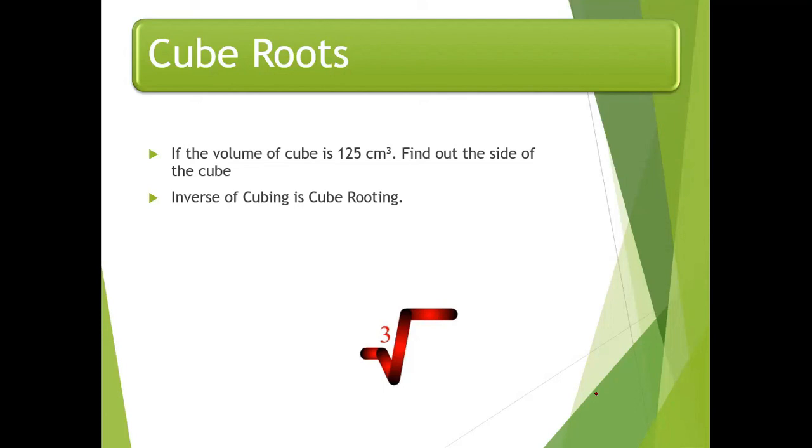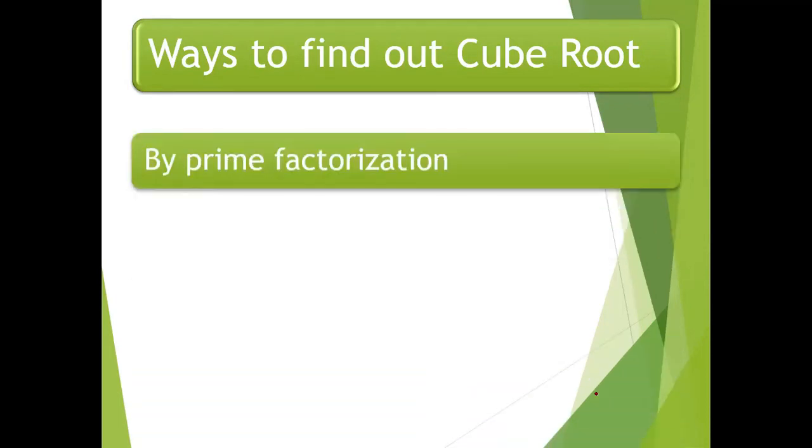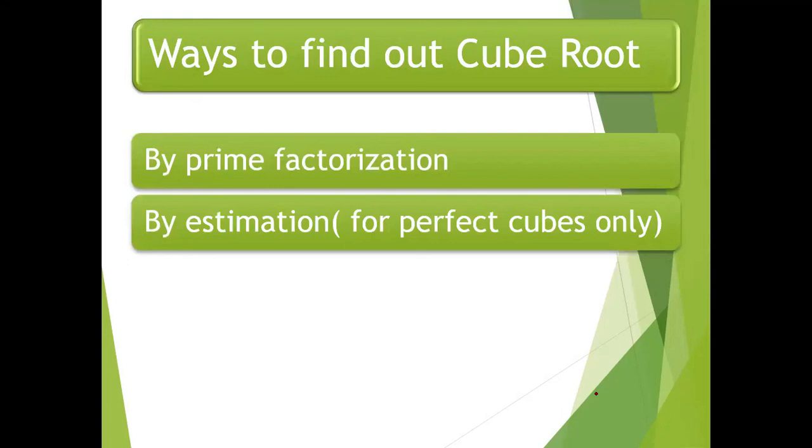We have the cube of a number and we have to calculate the number. To do that, we need cube rooting. Ways to find the cube root: we find it either by prime factorization or by estimation. The estimation method is for perfect cubes only. When we know it's a perfect cube, then we can estimate it.